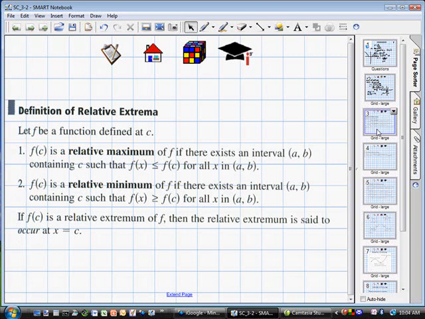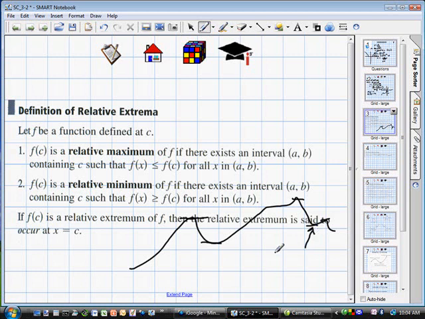So, I should just sketch that. You've got a graph and it's got these little highs and lows. Here's a relative maximum, here's a relative minimum, here's a relative maximum, here's a relative minimum. The reason we call them relative is, obviously, I call this a relative minimum here.